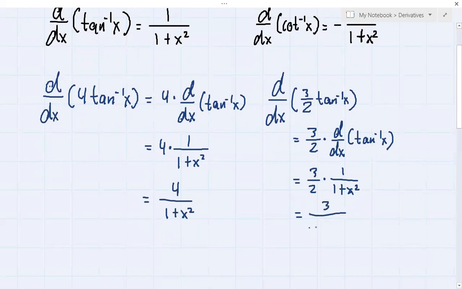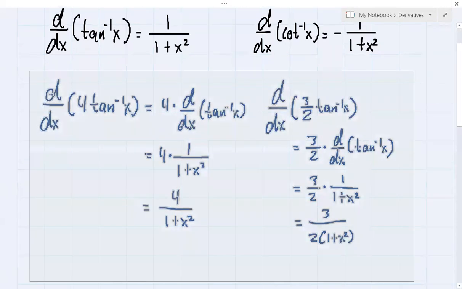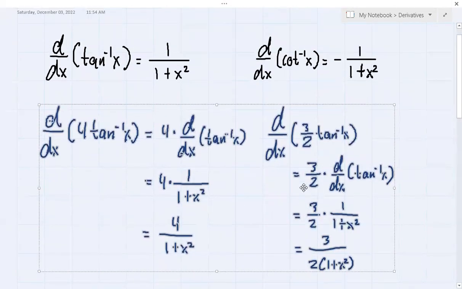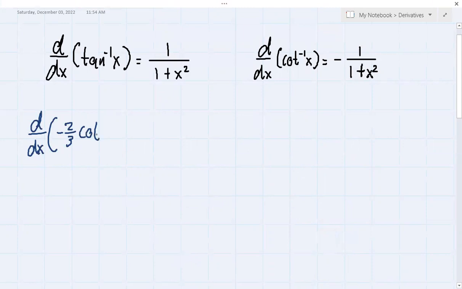We will have 3 all over 2 times quantity 1 plus x squared. Diba? So bottom line, derivative ng arctangent is 1 all over 1 plus x squared. Madali lang siya. Now let's try cotangent. Arc cotangent. So for this one, let's just say meron tayong derivative ng negative 2/3 ng arc cotangent.